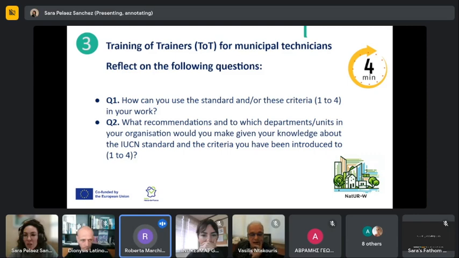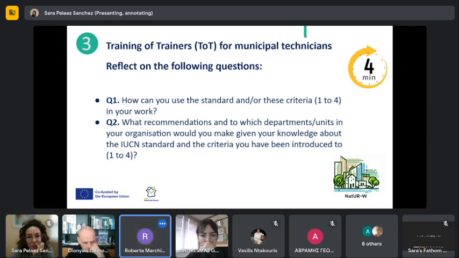I'm Roberta. In my opinion, question 2 will be interesting for us, because we are also working on a new general urban plan, which has a specific monitoring system. It could be useful to monitor what we will do in the next years, also in terms of nature-based solutions.